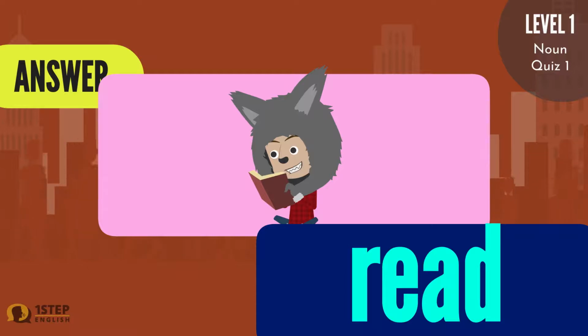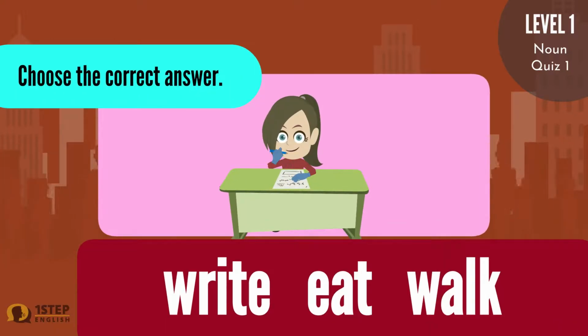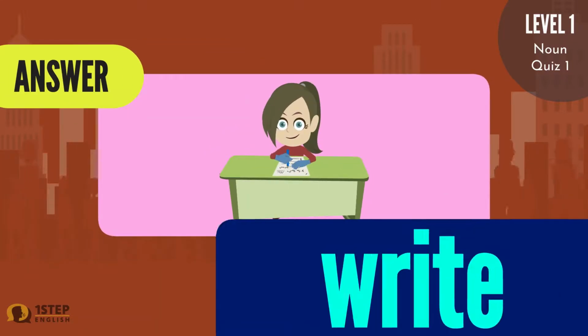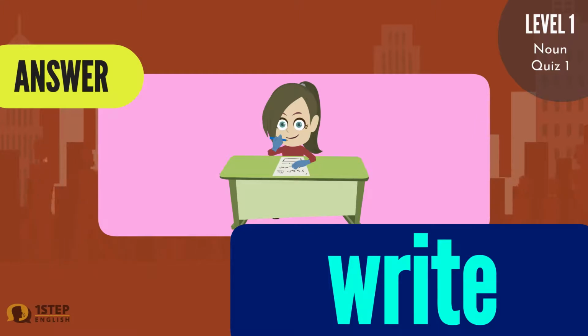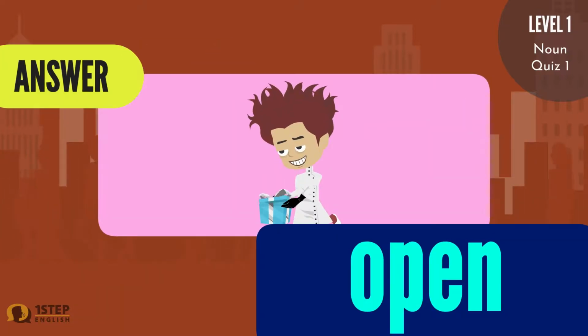The correct answer is read. What is this action? The correct answer is write. What is this action? The correct answer is open.